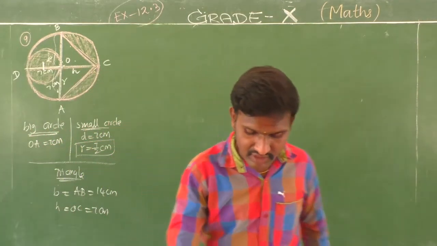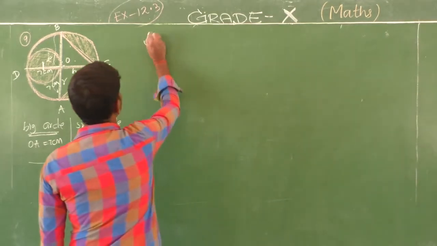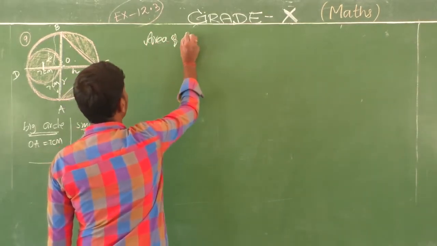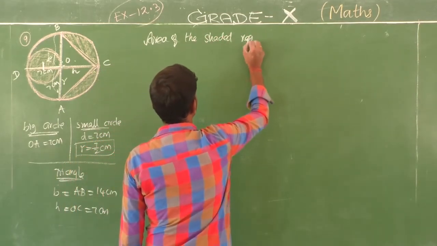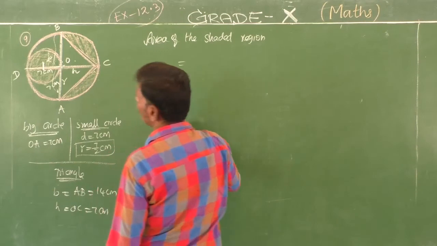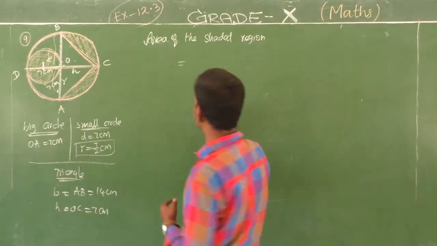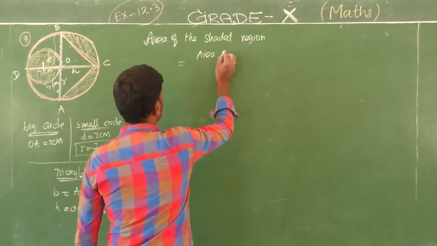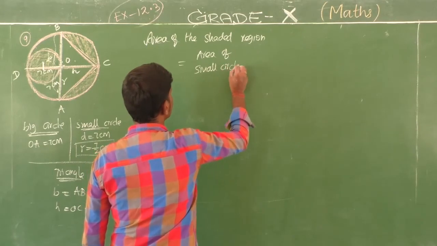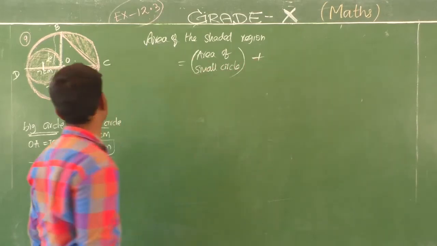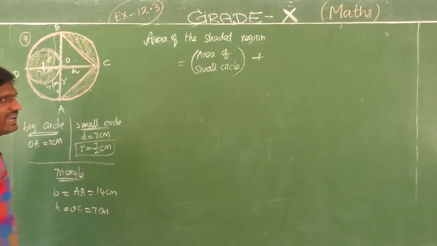So what is the given question asking? Find the area of the shaded region. Area of the shaded region means first, what are the places for shading? The small circle first. Now area of the small circle plus the semicircle, from which I am going to subtract the triangle.